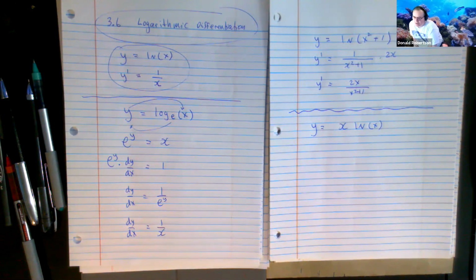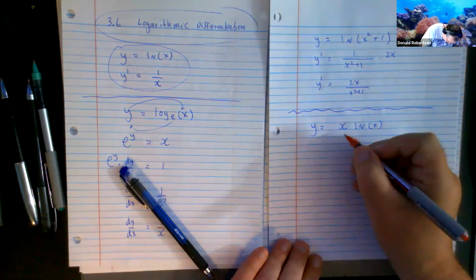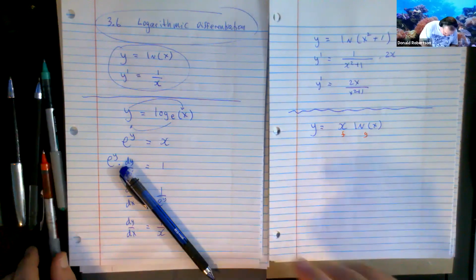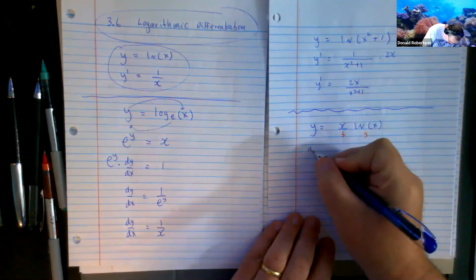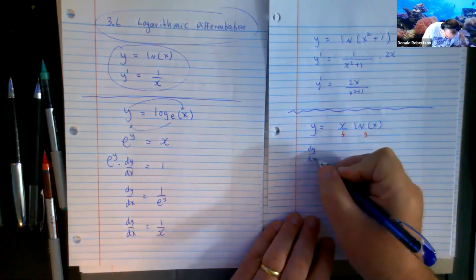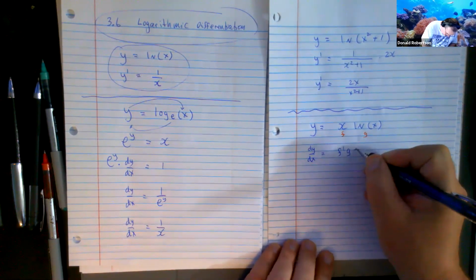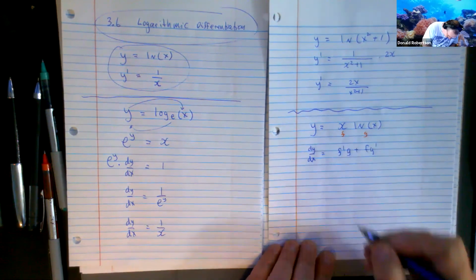I think the key word this time would be product rule. Agreed? Product rule. So let's mix and match the notation, use that notation as well. F dash g plus f g dashed.